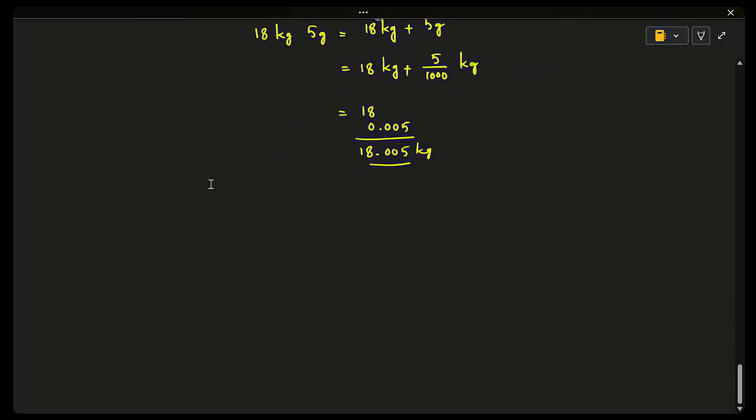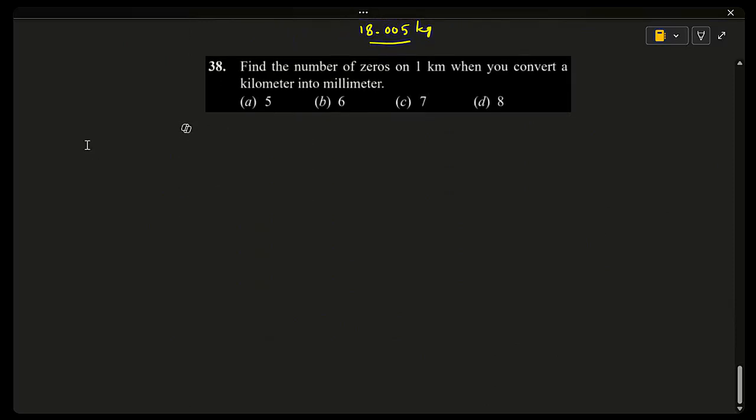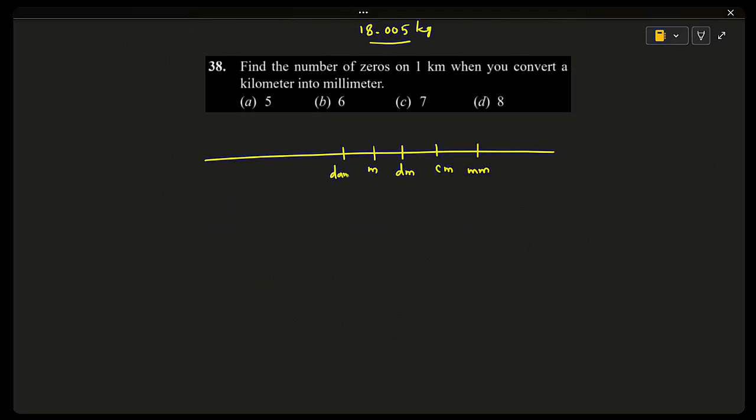38th one. Find the number of zeros in 1 kilometer when you convert a kilometer into millimeter. I gave you the conversion chart. Meter will be here, this is decimeter, this is centimeter, and this is millimeter. Towards the left we go for the bigger units: decameter, hectometer, and kilometer.